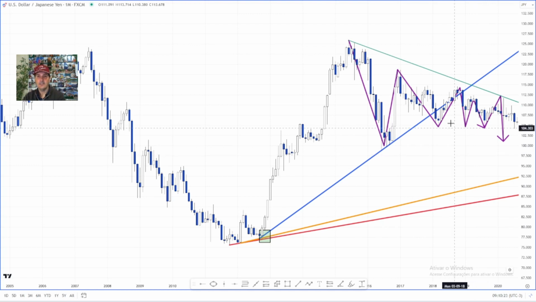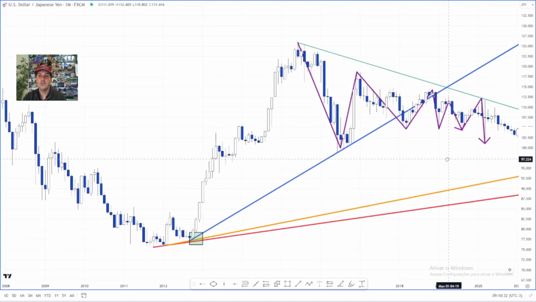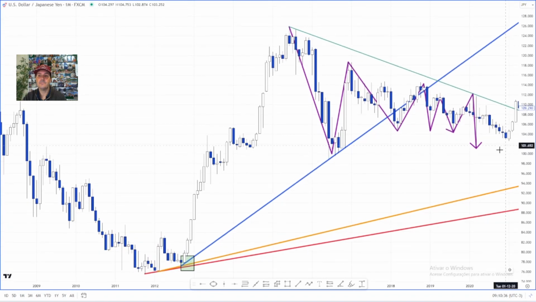Exactly. You draw the downtrend line, and then you just monitor the market. Bam! What just happened here? What happened here?